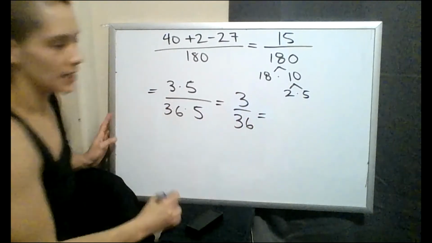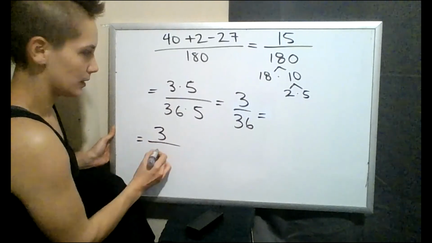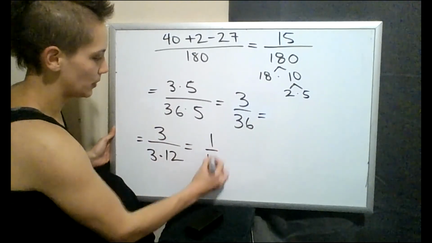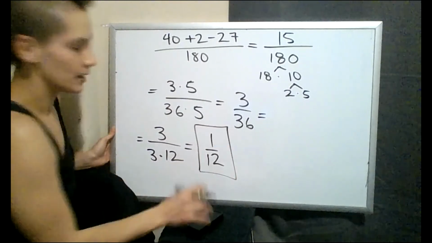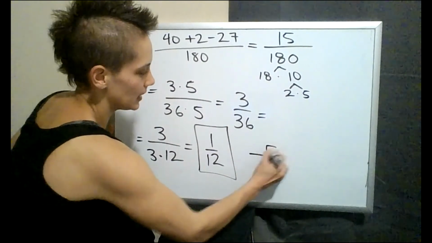Okay, and 36 has a factor of 3. So 3 over 3 times 12. And I've got 1 over 12 as my final answer. That should be the end of today's notes.